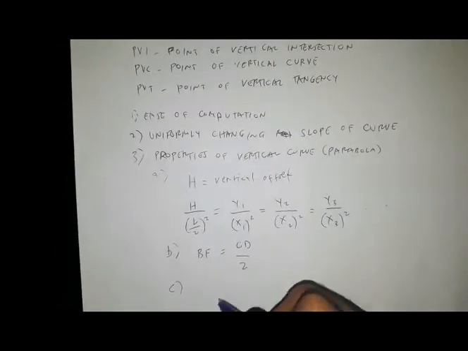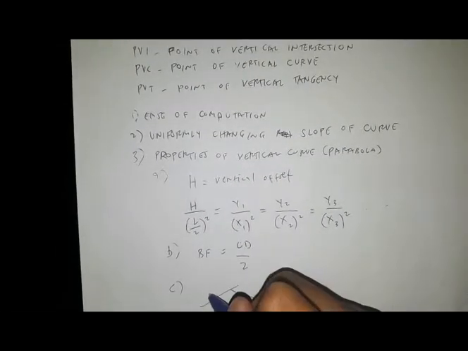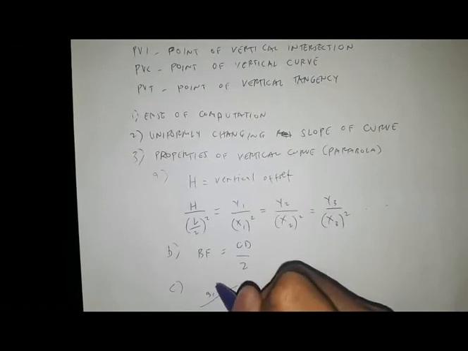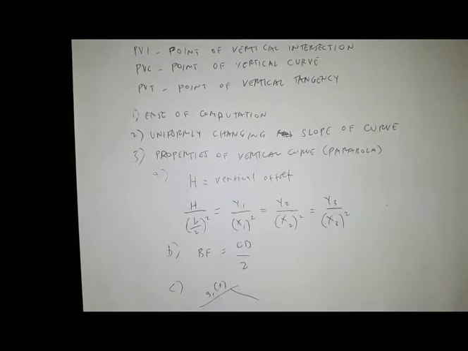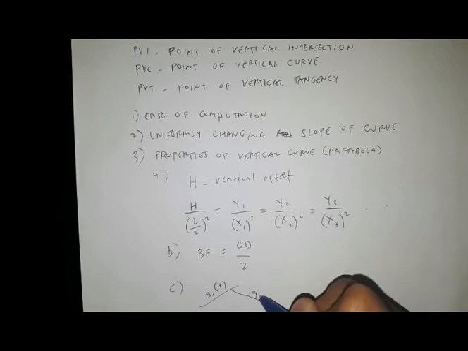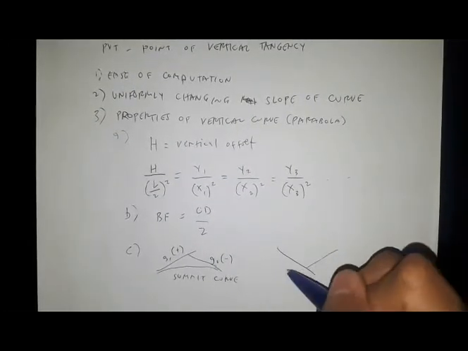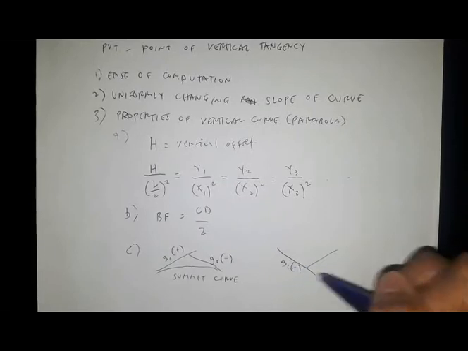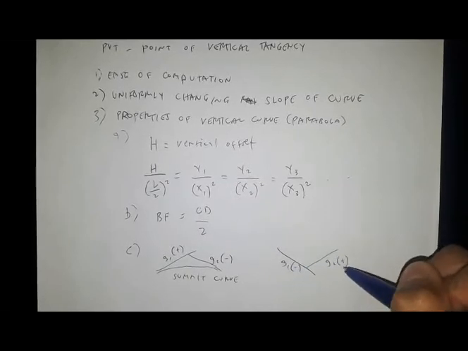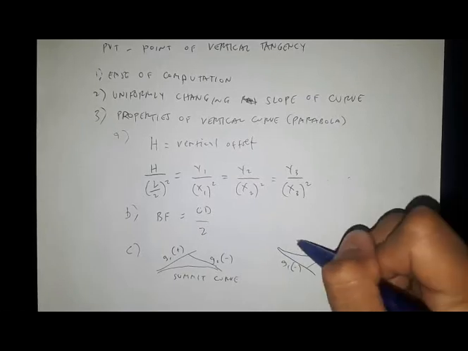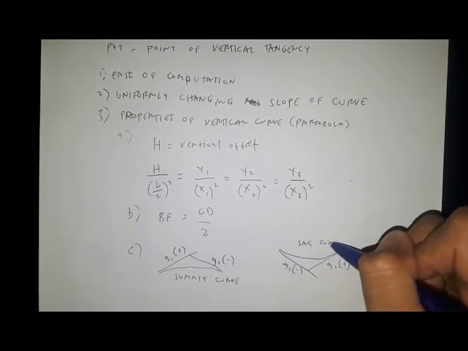So what does it mean? When your G1 is positive and G2 is negative, we have a summit curve. While if your G1 is negative and G2 is positive, we have a sag curve.